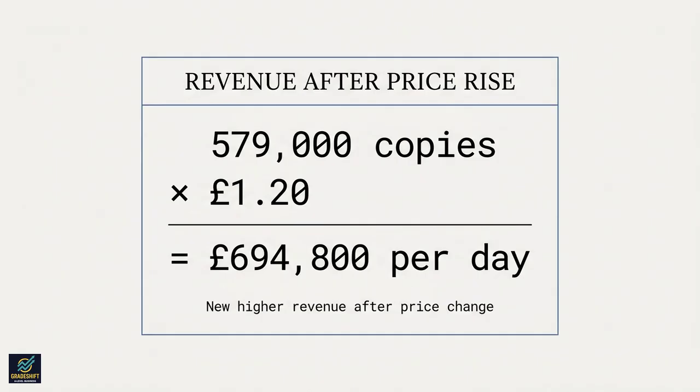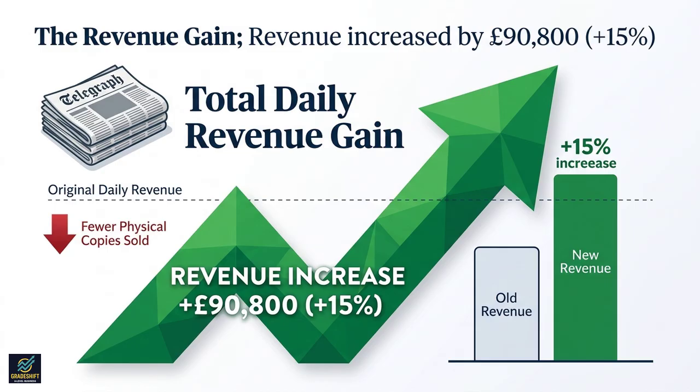Multiplying these new figures together gives a new daily revenue of £694,800. By raising the price on an inelastic product, the Telegraph increased its daily revenue by over £90,000. This represents a 15% increase in total revenue, despite actually selling fewer physical newspapers.